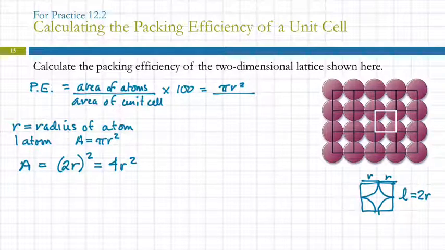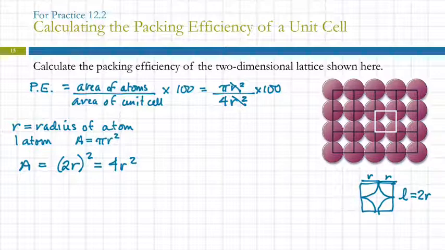So the area of the actual unit cell is 4R squared, multiplied by 100. And the R squareds cancel out, don't they? Which is convenient because we don't know what they are. So we've got pi divided by 4. Use your pi button. Don't abbreviate it as 3.14.